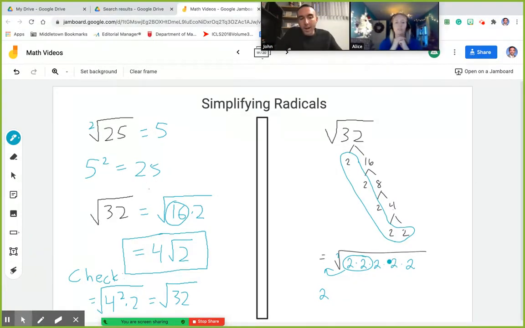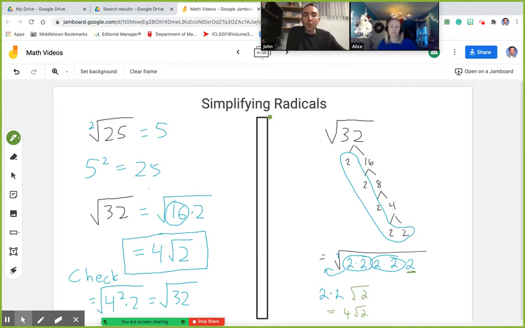So that comes out as a 2. This next group, this pair of 2's, that also comes out as a 2. The last 2, our fifth 2 that's inside, did not have another 2 to make a pair. So that just stays under the radical because it didn't have at least the index to come out. So our final answer is 4 radical 2.